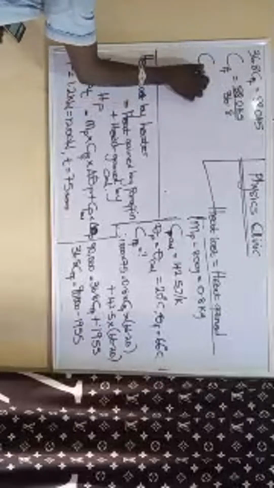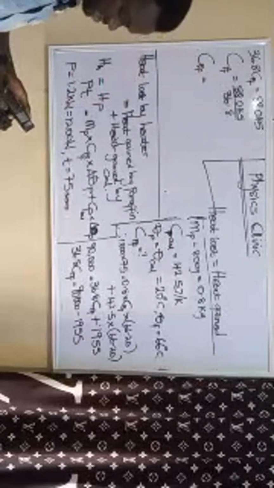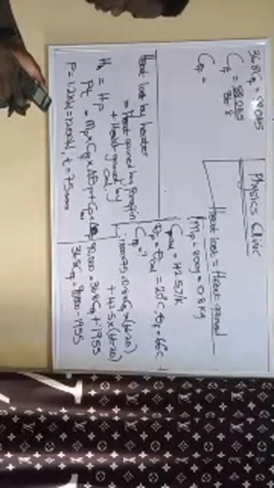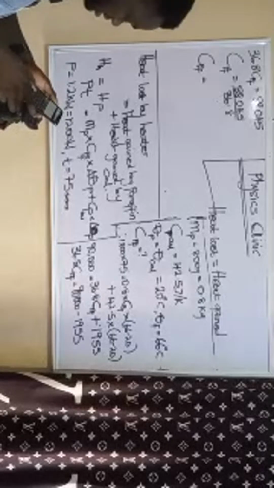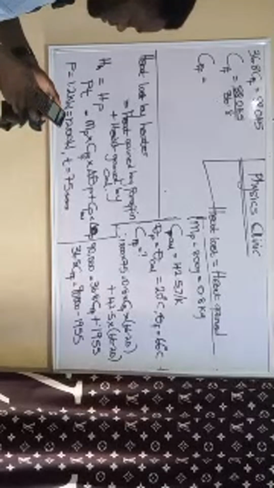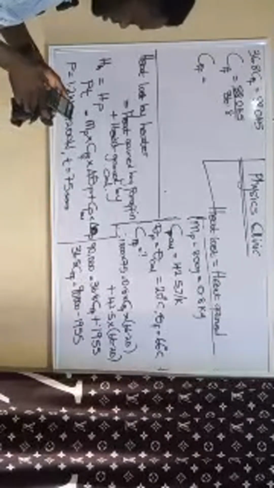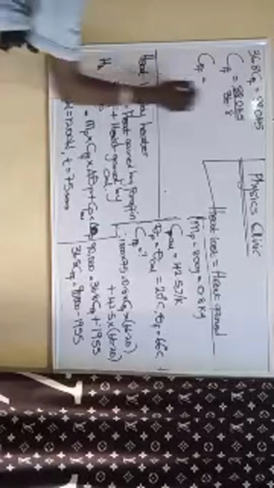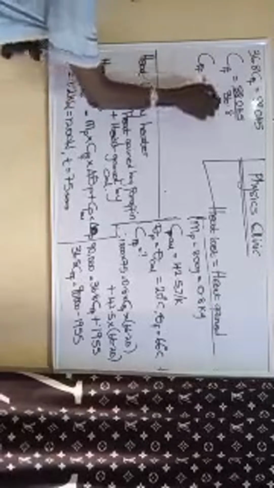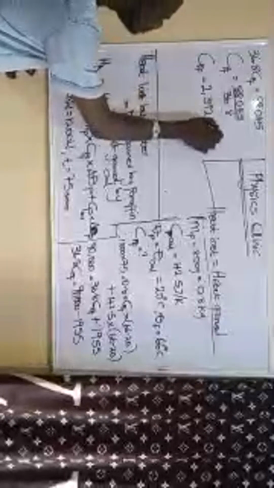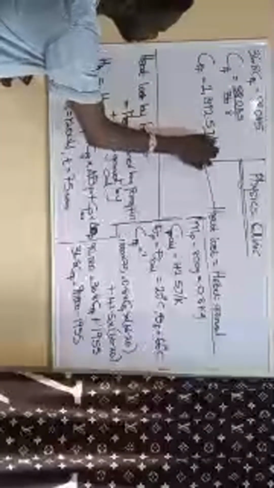Oh, this is wrong, I think it's my calculator. 88,045 divided by 36.8 will give us 2,392.5 joules per kilogram per Kelvin.